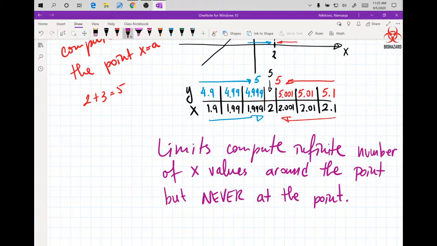Now, you might say, why? If I already know the answer is 5, why would I be computing infinitely many points? Well, hold on. There are functions that have holes. They have no values in there. And without the limit, you would never be able to compute the y values for the missing point.